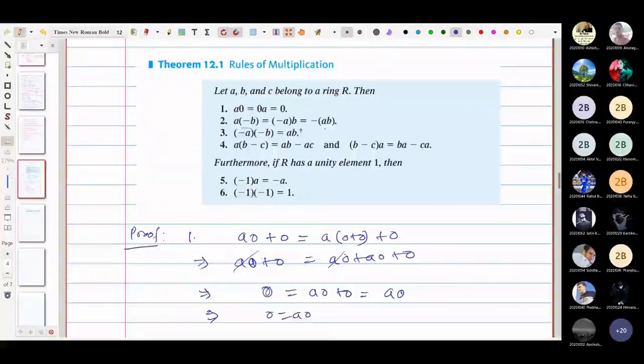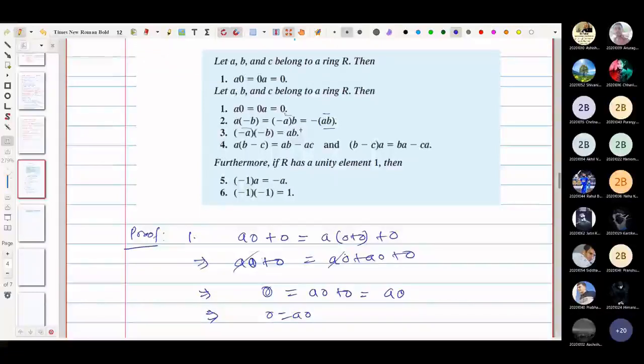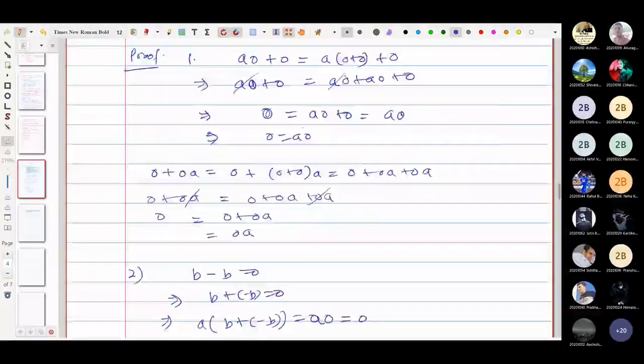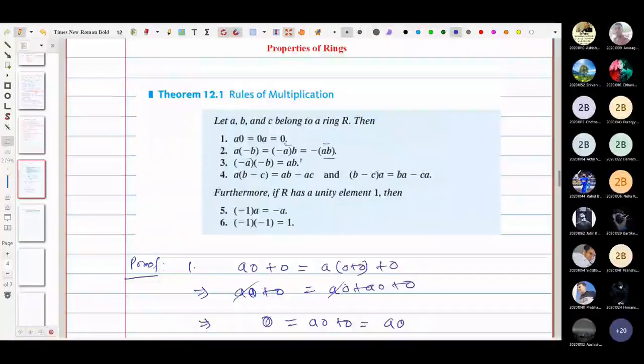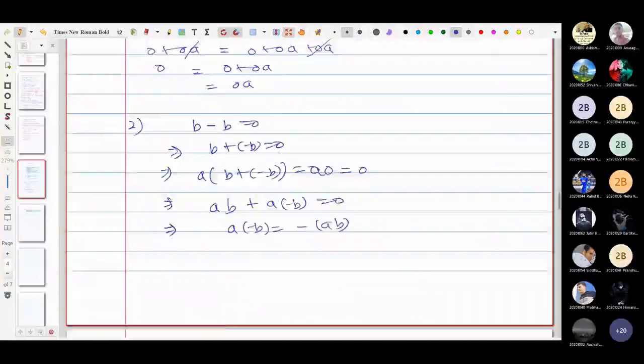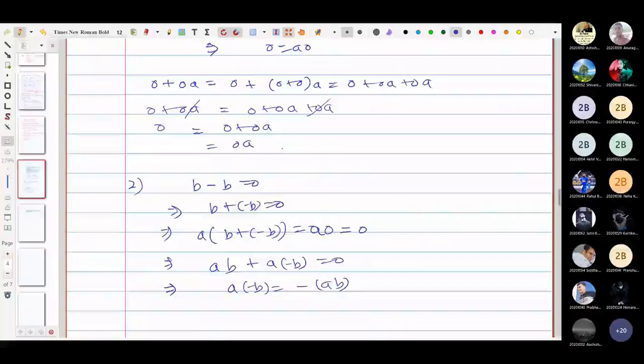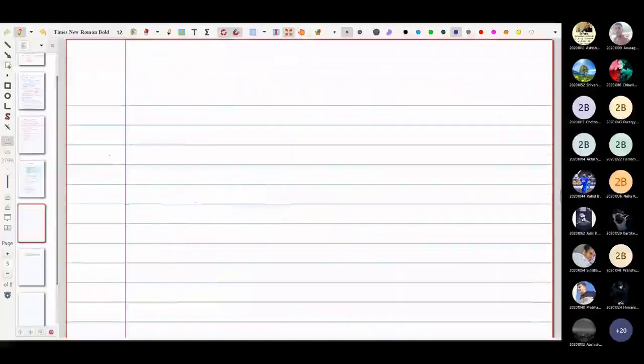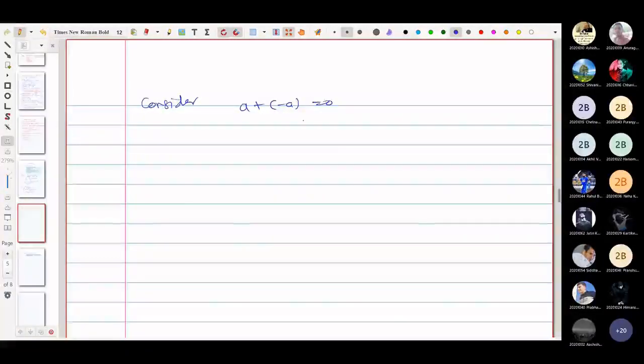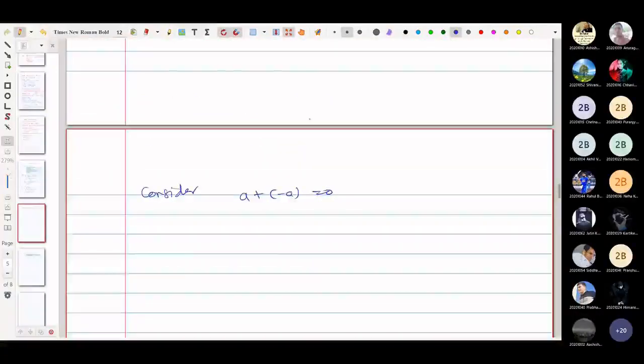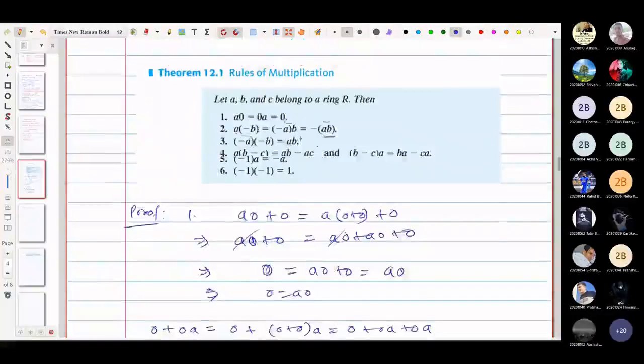I think of these two we have proved. Once we prove this equals this, then we are done. Here we have negative a, here we have negative b. Consider a plus negative a equals 0. You need to see what we need to prove.